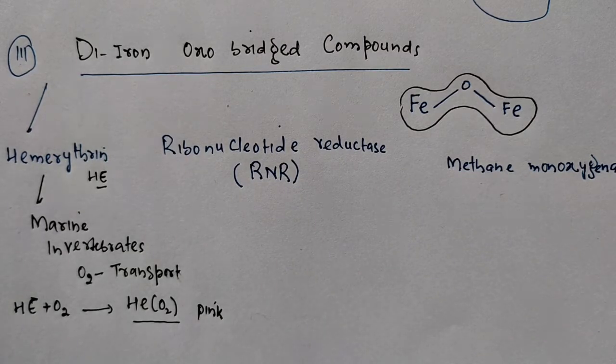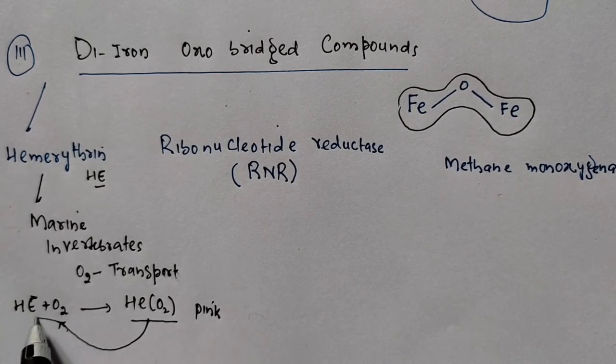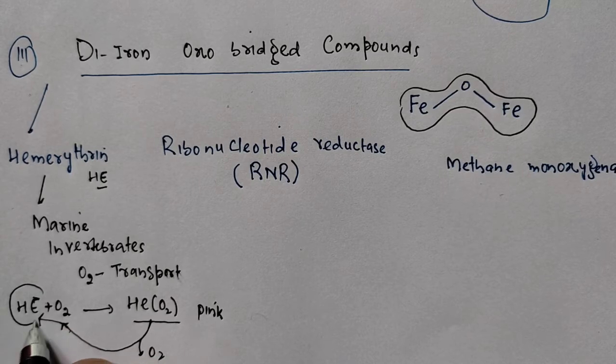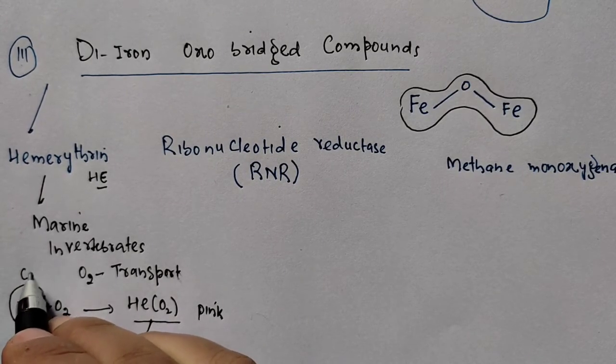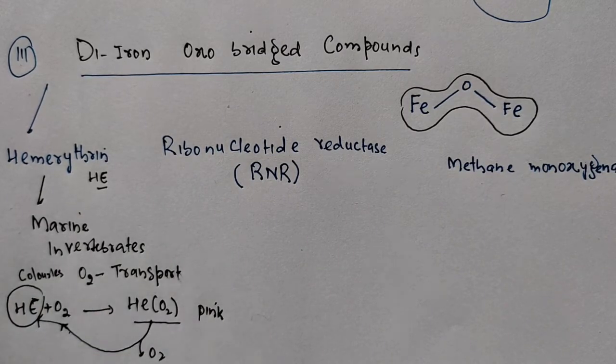When it releases the oxygen at a particular site, it gets converted back to HE. The deoxygenated state, the normal state, is colorless. Remember this, it is very important. In the deoxygenated form it is colorless, but in the oxygenated form it is pink. Okay, this is hemerythrin.